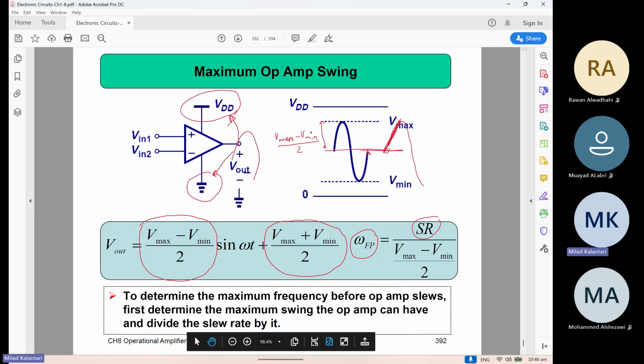For a sinusoidal thing, it needs to vary to this amplitude over this time, right? And then you can find the slew rate versus the omega of the sinusoidal thing. So if the frequency is higher than that value, it means the op amp cannot follow it very well.